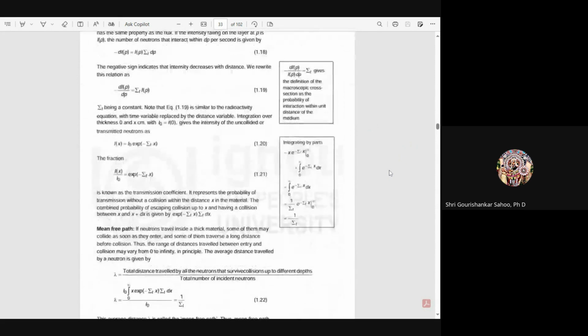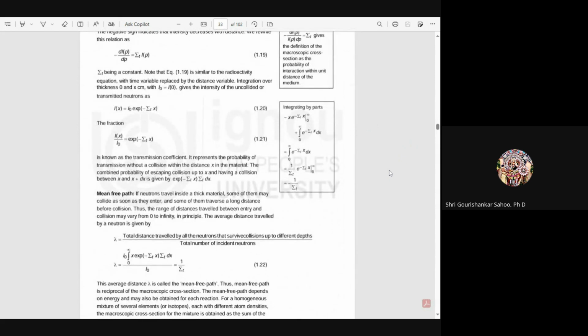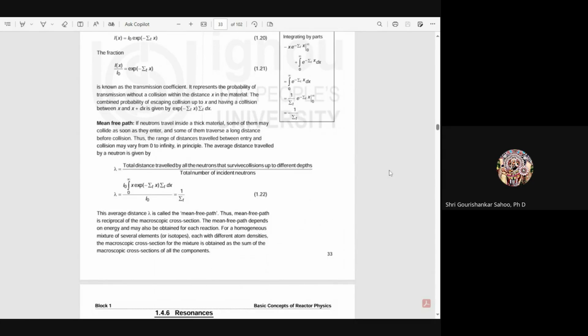There is a transmission, and the mean free path can be calculated by using the formula: lambda is equal to the total distance traveled by all the neutrons that survive collisions up to different depths divided by the total number of incident neutrons.